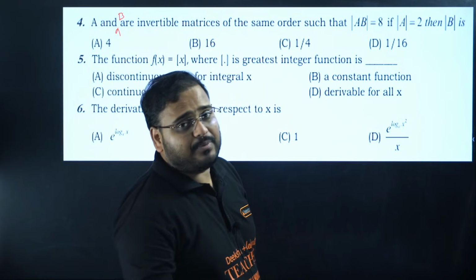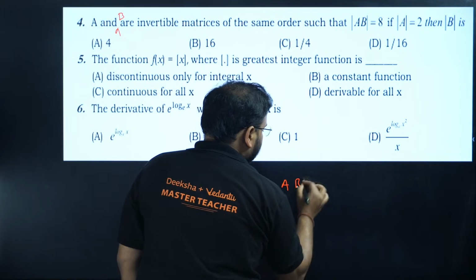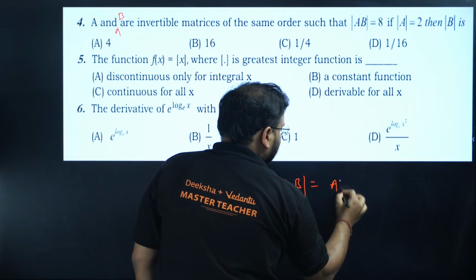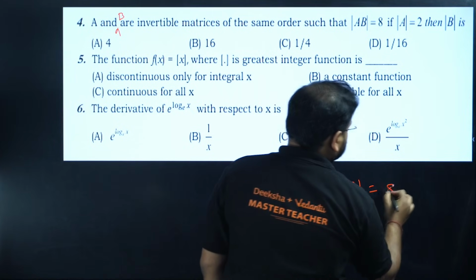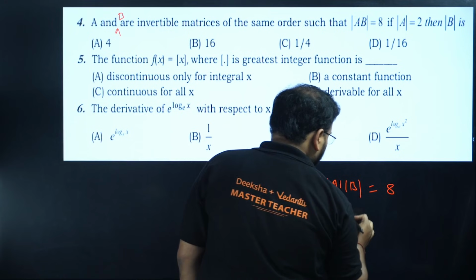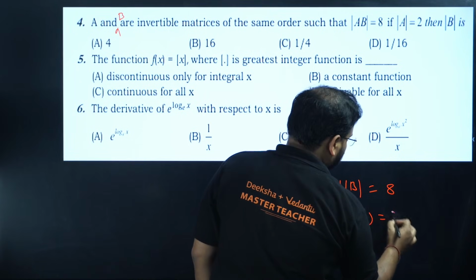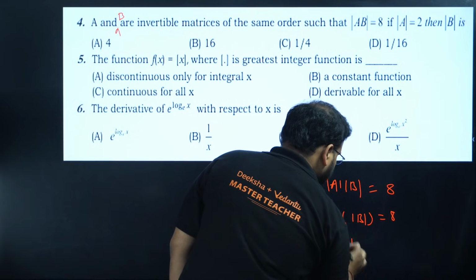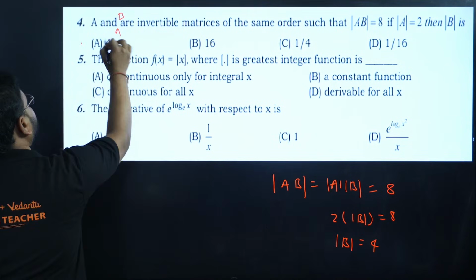Then what is the value of determinant of B? There is a property, very simple: whenever you have AB like this, we can write it as determinant of A into determinant of B, which is given as 8. Determinant of A is 2, so 2 into determinant of B will be 8. Determinant of B simply becomes 4, which is option A.